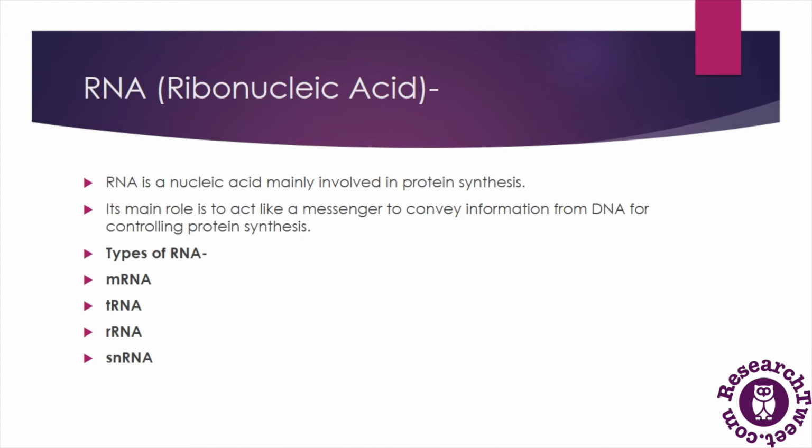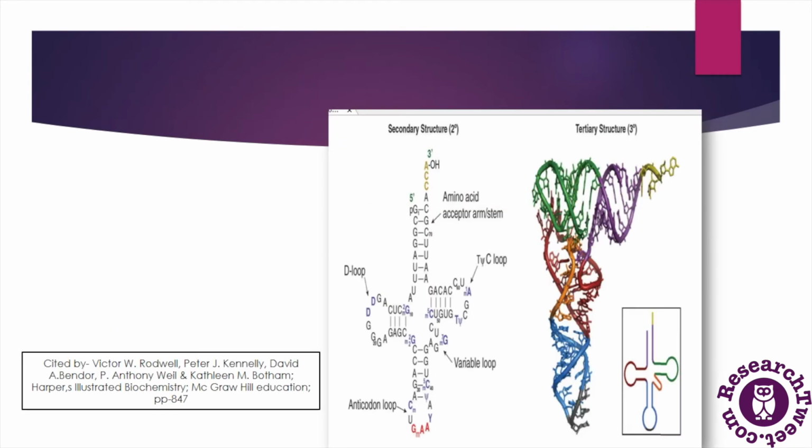RNA is also divided into major types according to their functions, which are messenger RNA, transfer RNA, ribosomal RNA and snRNA. This picture indicates the secondary and tertiary structure of transfer RNA. Transfer RNA resembles a clover leaf and its structure is also called the clover leaf model of RNA.